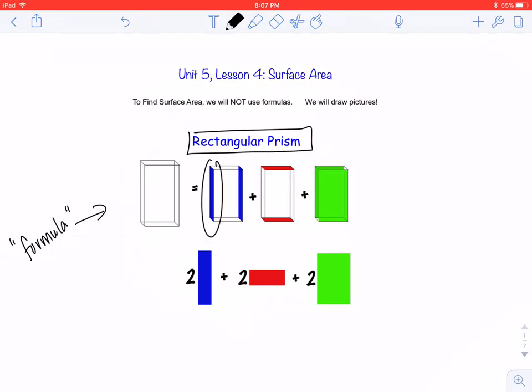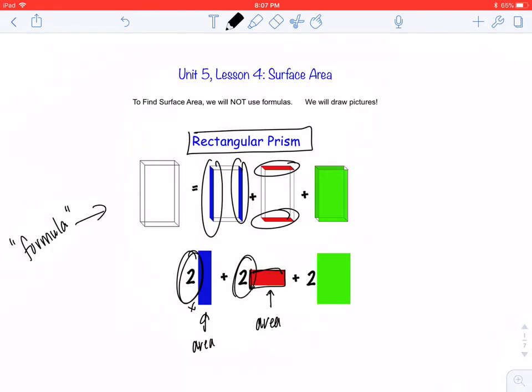Again, we have the right side and the left side. These 2 blue rectangles are the same rectangle. So if you find the area of one and multiply it by 2, you're going to get both the left and the right side. Same thing with the top and the bottom. If you find the area of one of those red rectangles and multiply it by 2, then you'll have both of them.